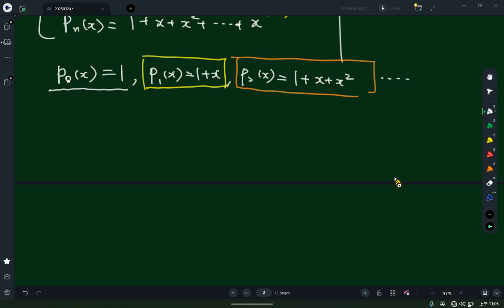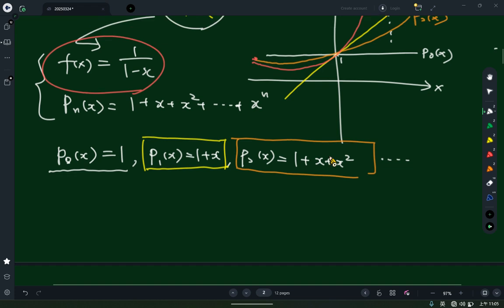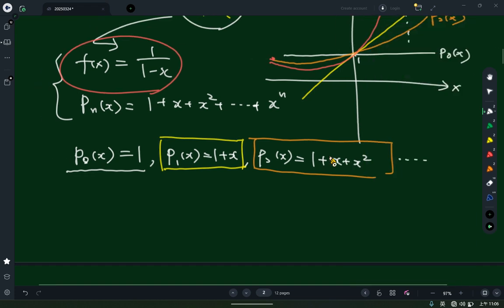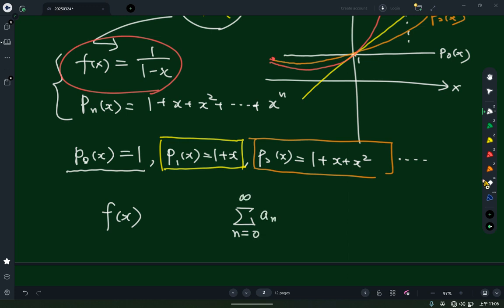That means if I give you f of x, then I hope you can expand it as sigma n from 0 to positive infinity an (x minus a) to the n, right? You can take a look at here. Here is our target, and here is our approximation.